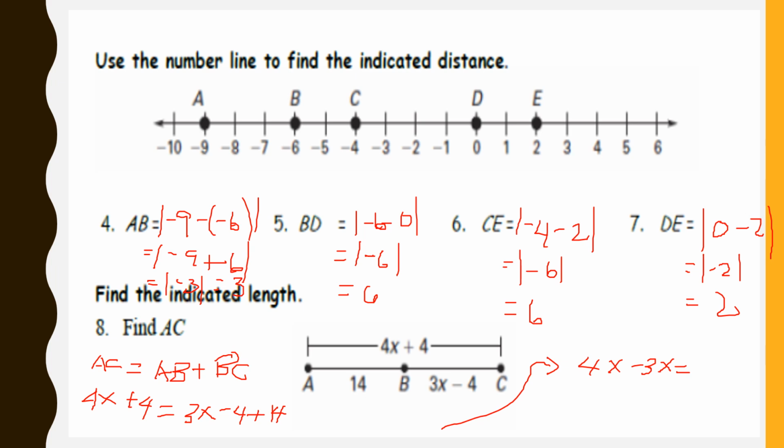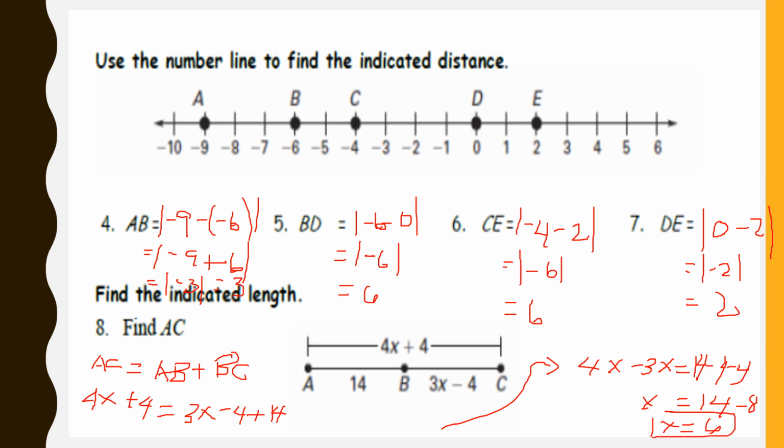And then we have 14 minus 4 minus 4, because we need to transfer negative 4 also. So x is equal to 14 minus 8. 14 minus 8 is equal to 6. Therefore, the value of x is 6, okay?